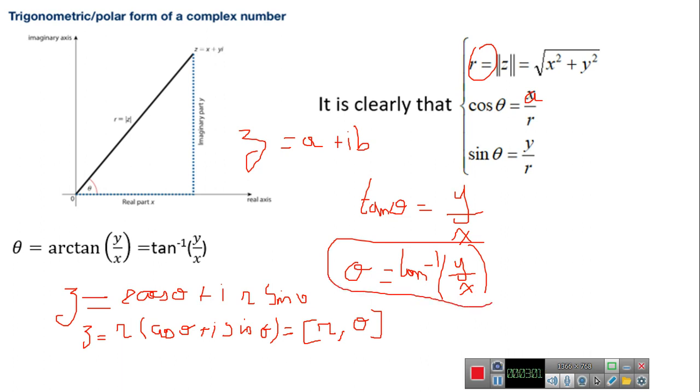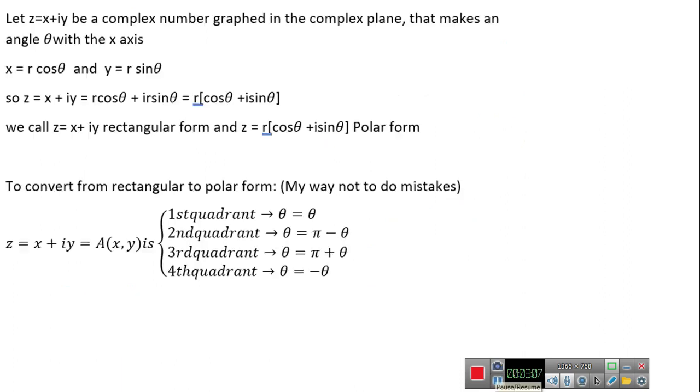We do tangent inverse of y over x, and r is radical x square plus y square. Let z be a complex number graphed in the complex plane that makes an angle theta with the x-axis. x equals r cosine theta, y equals r sine theta. So we wrote it as r times cosine theta plus i sine theta, and this is called the polar form.